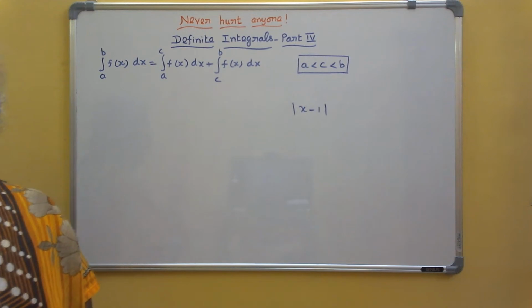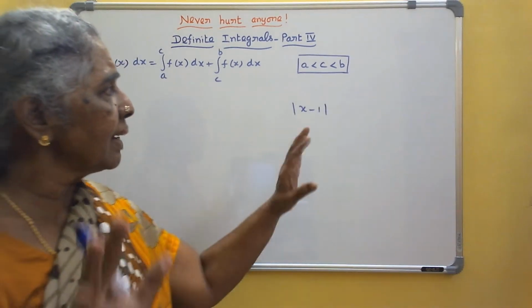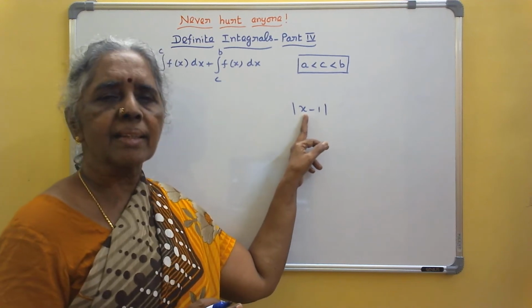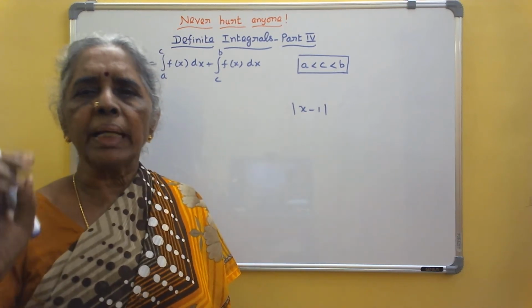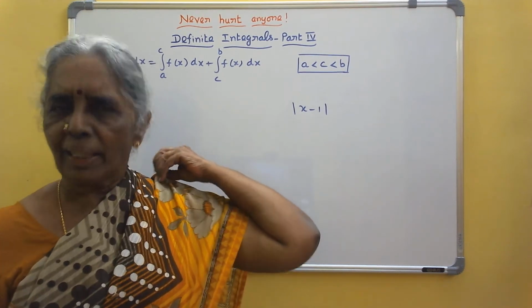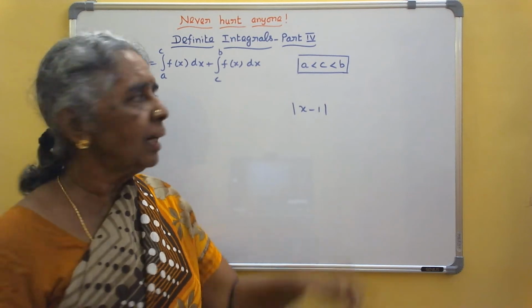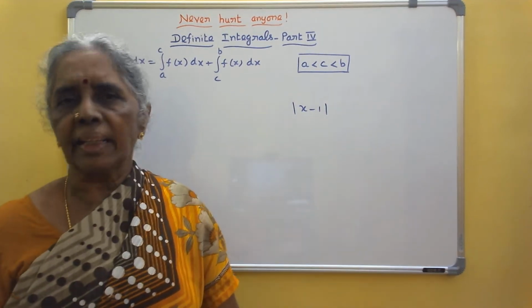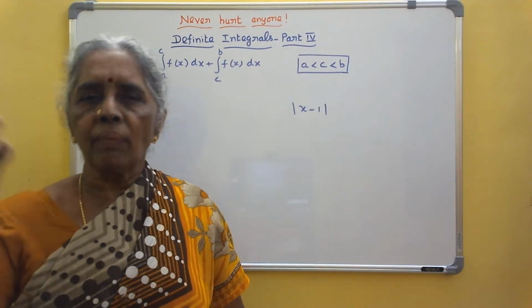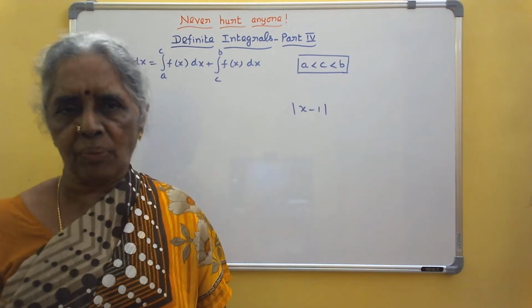Now actually, it is positive, that's right. But let us analyze. If x is greater than or equal to 1, definitely that x minus 1 is going to be positive, right? If x is lesser than 1, then inside you will get a negative value. So we will introduce another negation so that the value will be positive.